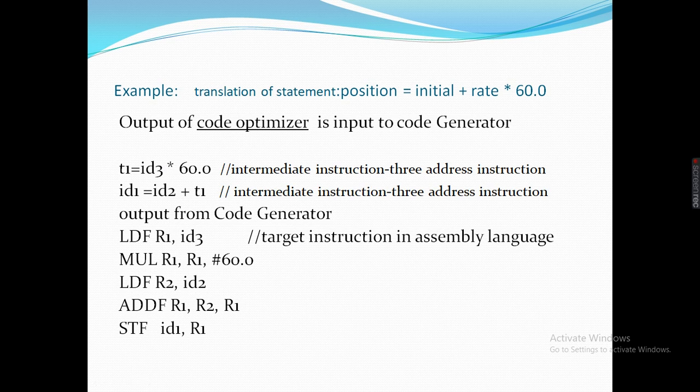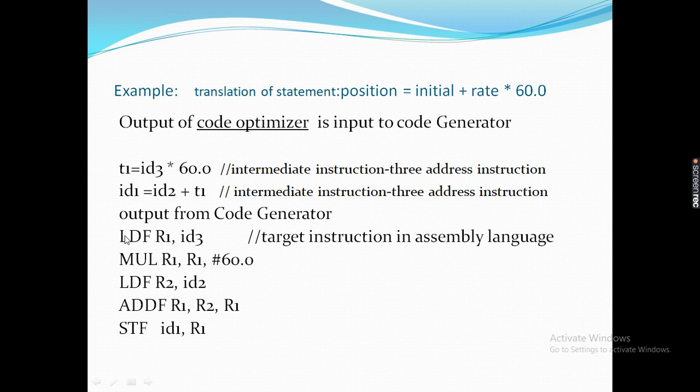This is the input to the code generator. The input to the code generator is optimized intermediate code. The output from the code generator is a target program in either assembly level language or machine level language.